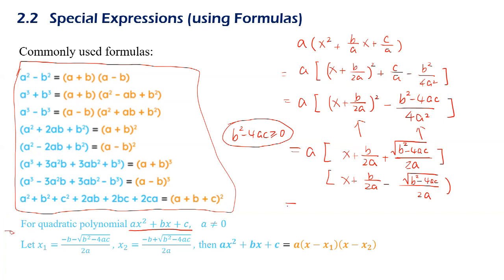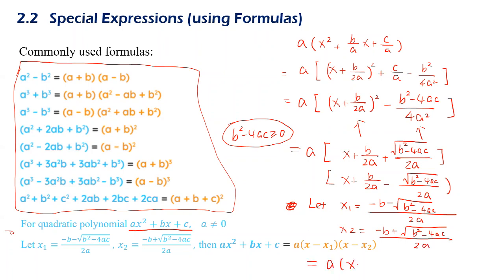So this means if we let x1 equal minus b minus the square root of b squared minus 4ac over 2a, and let x2 equal minus b plus the square root of b squared minus 4ac over 2a, then the original expression can be factored to a times x minus x1 times x minus x2.